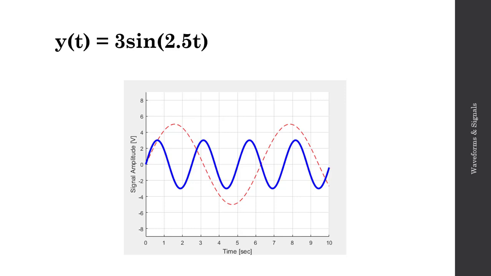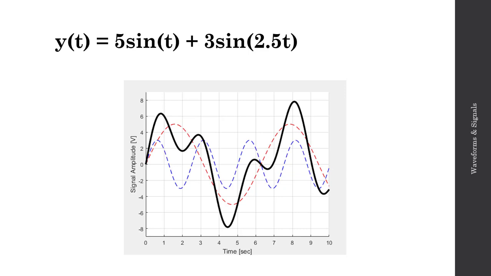When I add both of these signals together, so at every moment in time, add the blue curve and the red curve together, I'll end up with this complex periodic waveform here in black. So this waveform is described as 5 times sine of t, that's the red signal, plus 3 times sine of 2.5t, the blue signal.